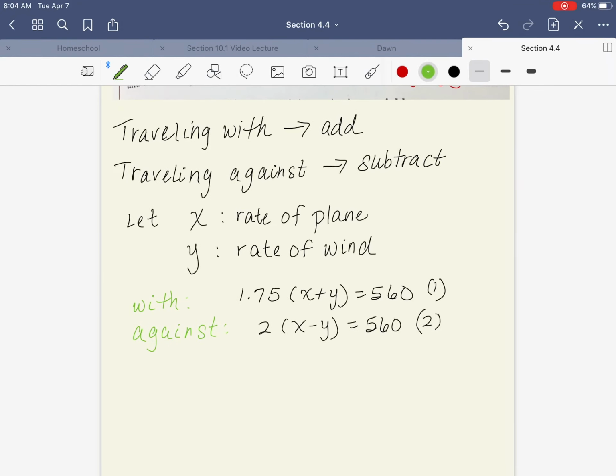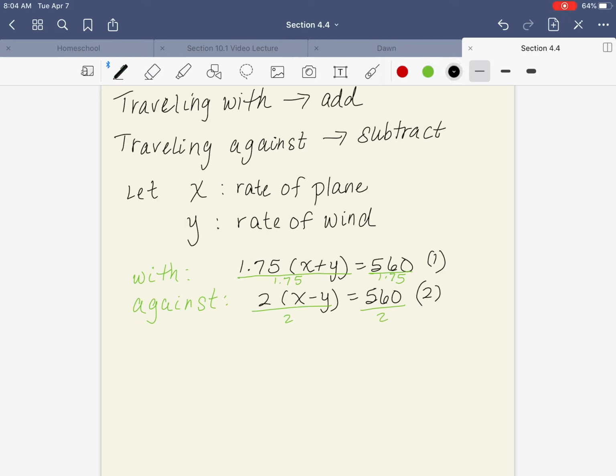If you can go ahead and divide both sides, I would do that first just to make it easier. So if I can divide both sides by 1.75, I'll do that, and I think I can. And I'll divide both sides by 2 and get two new equations.